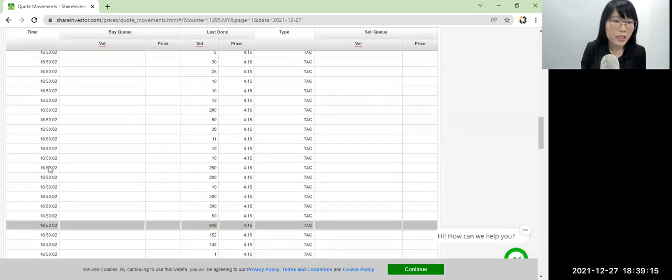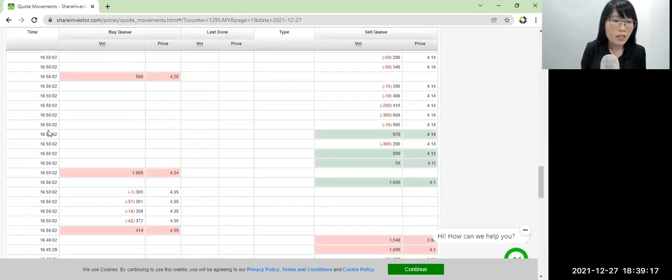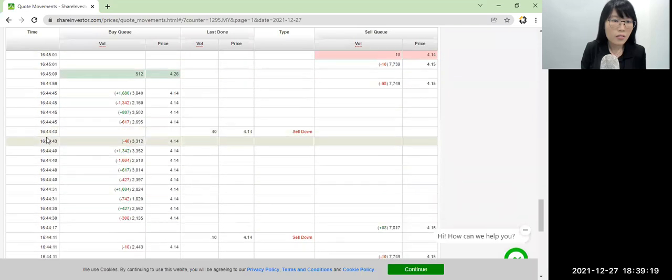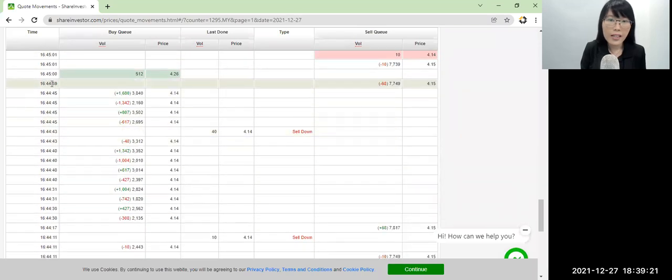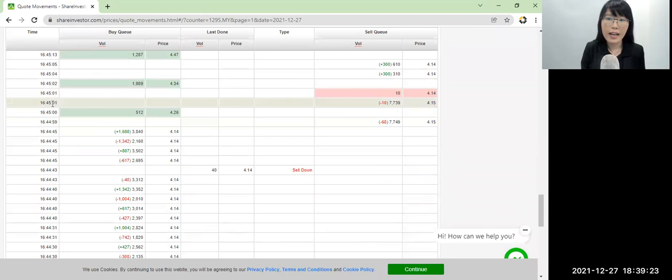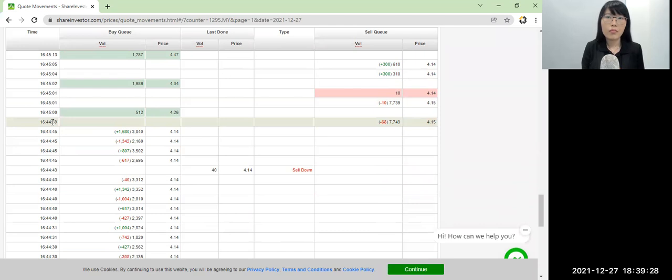for example, at this time, there are 7,749 lots queuing up at about 4 ringgit and 15 cents.